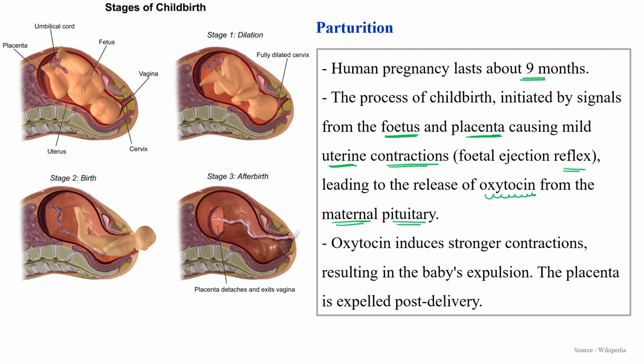Okay, when the fetus completes its whole development during these 9 months, the process of childbirth starts. It is initiated by signals given by the fetus and placenta, and mild contraction of the uterus occurs. The hormone oxytocin also helps in this process. Oxytocin induces strong contraction resulting in baby expulsion.